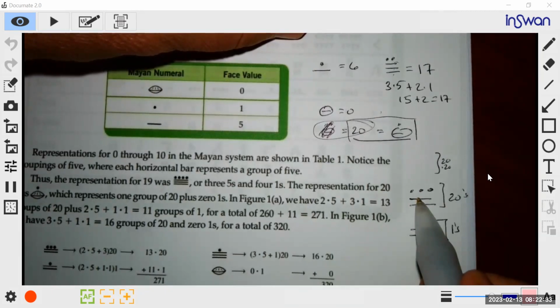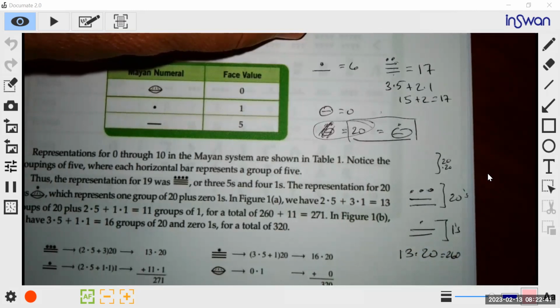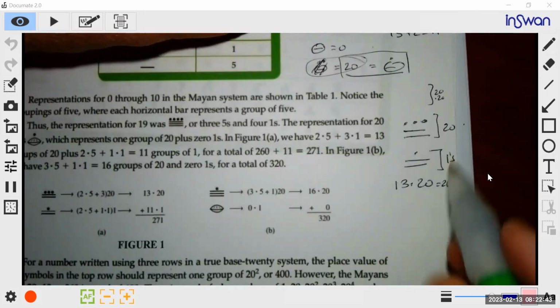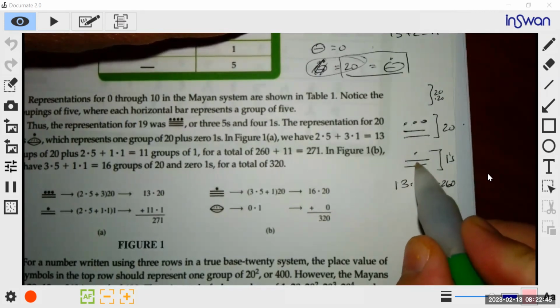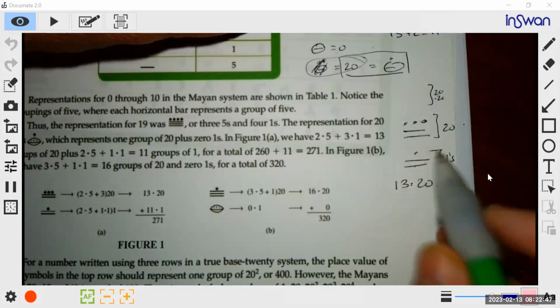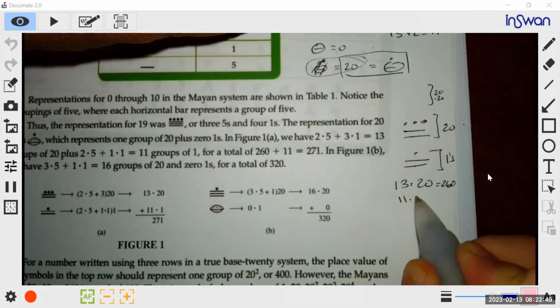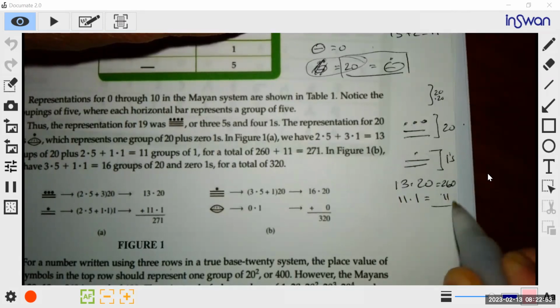Yeah, 5, 10, 11, 12, 13. So it's 13 times 20, which is 260. And this number is 5, 10, 11 times 1, which is 11. Add those together, you get 271.